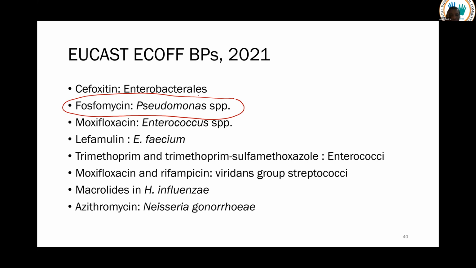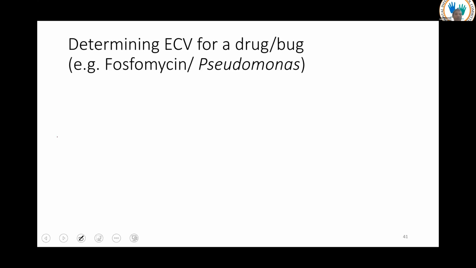In CLSI, there is no fosfomycin breakpoint at all for Pseudomonas, whereas in EUCAST, fosfomycin clinical breakpoints are not there for Pseudomonas, but at least ECOFF breakpoints are available. So this is the detailed list. There are some more rare examples also which I did not include in the list. All these are EUCAST ECOFF breakpoints. So you must be thinking how ECOFF breakpoints are determined. I will show you a flow chart which will clearly give you an insight into how the ECOFF breakpoints are determined.